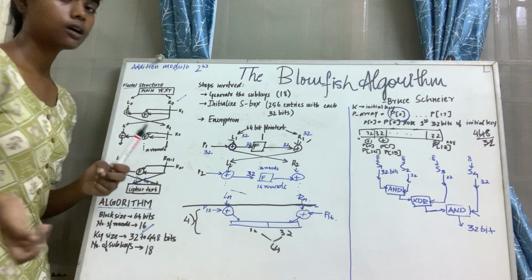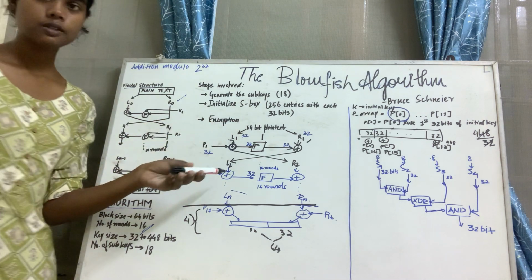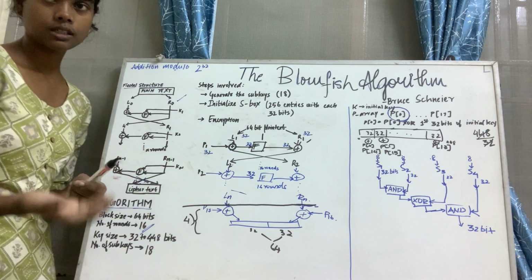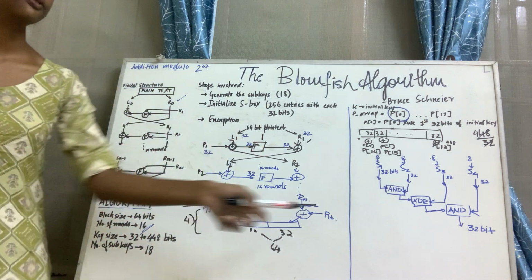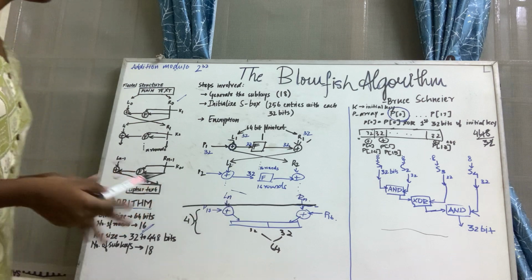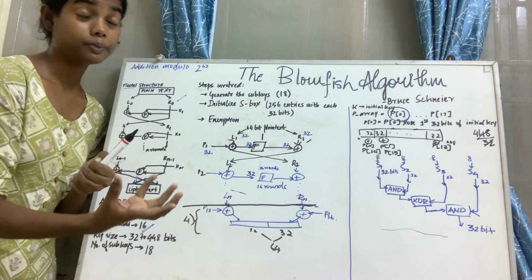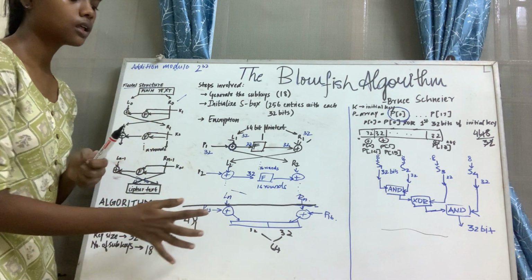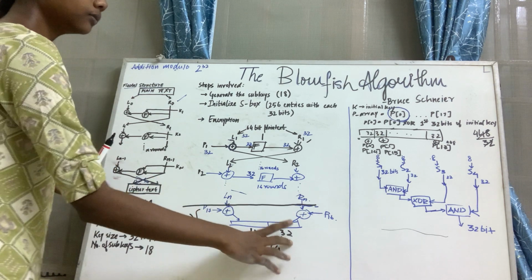The next step is to initialize the S box, and then we come to the encryption where the 64 bits will be divided into 2, left and right, and then we will be performing certain XOR operations and substitution operations with the help of the substitution box, and then we get the final output of left and right plain text, which we will be swapping, and then performing XOR with the 17th and the 18th subkey to get the ciphertext.